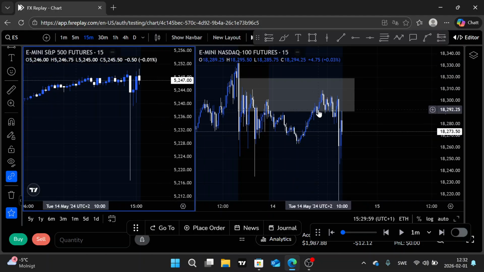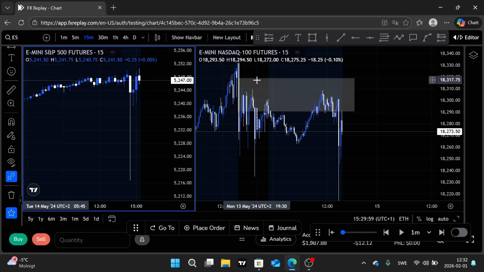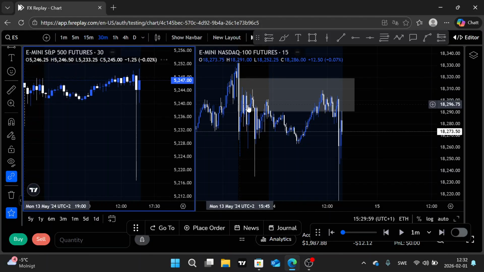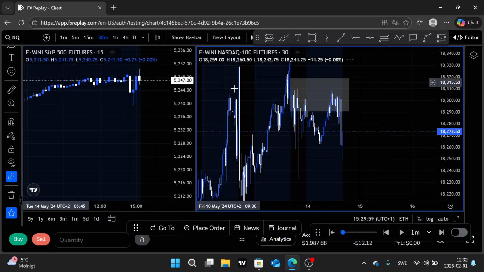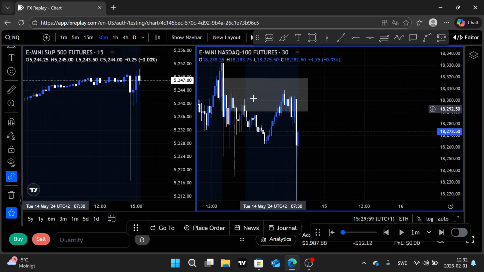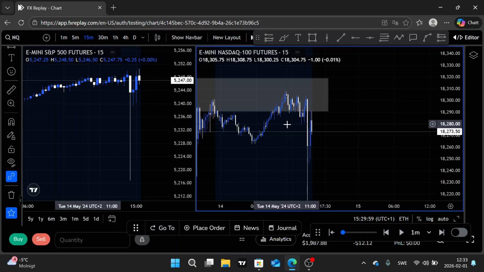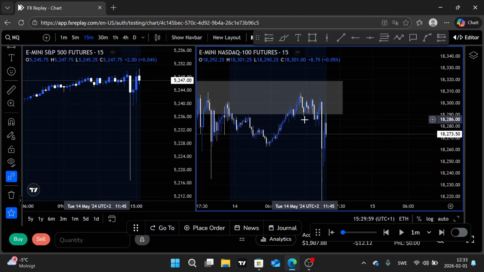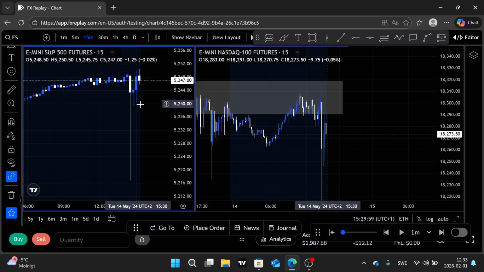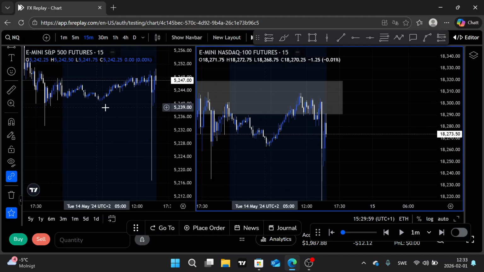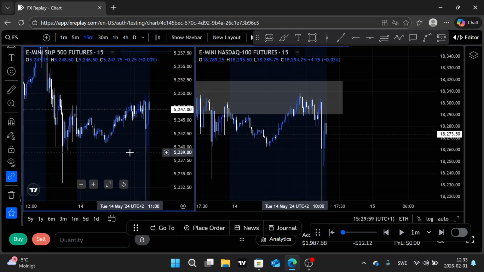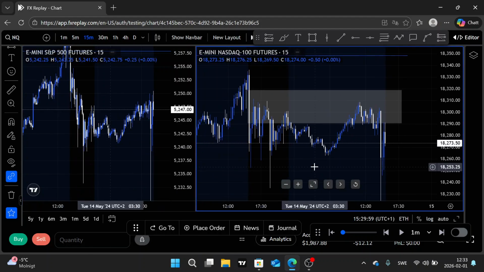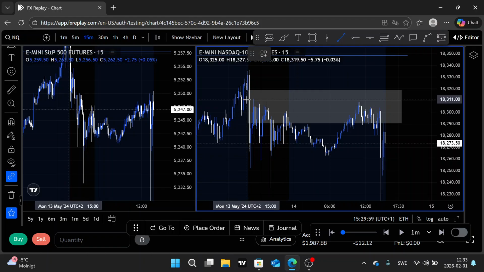So here we go, we expect these 15 minutes for value gap, or maybe 30 minutes for value gap. Let's all see. No, 15 minutes. Okay, and what do we do here? Did we take this?